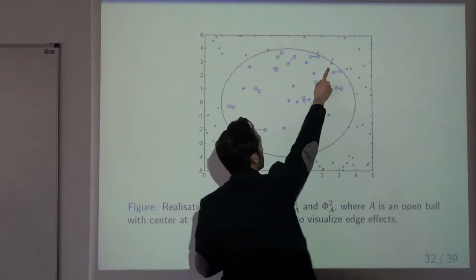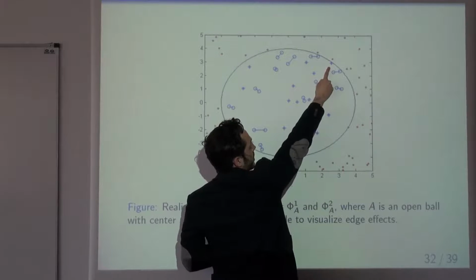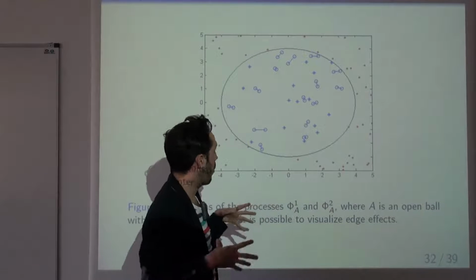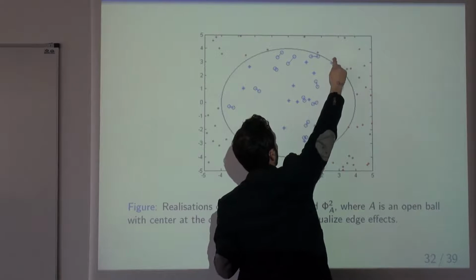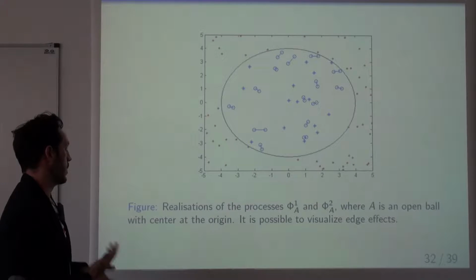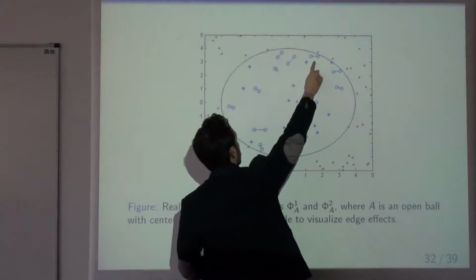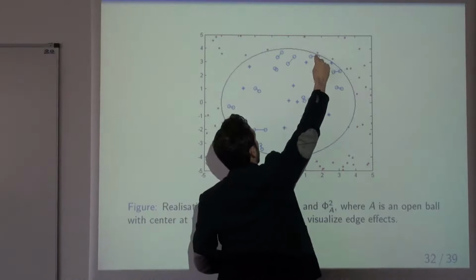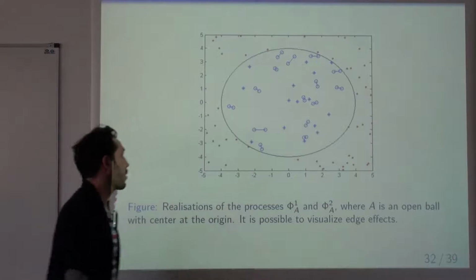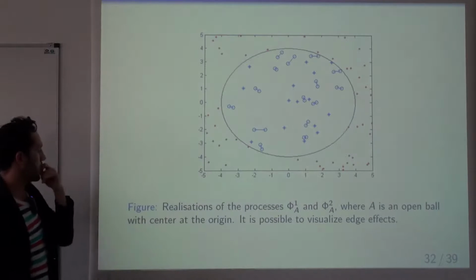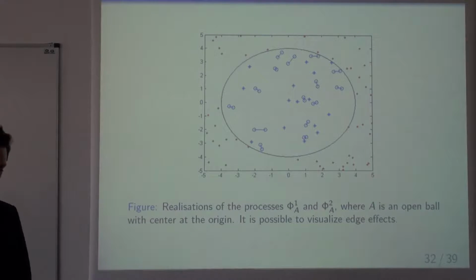In this case, this point is single, so it belongs to phi 1A. But for the whole process, it will be in a pair because these 2 points are in mutually nearest neighbor relation. Or in this case, these points belong to phi 2A, but we can see that these points work as a couple, not with this one. So those are the edge effects we can see, and we have to deal with them.